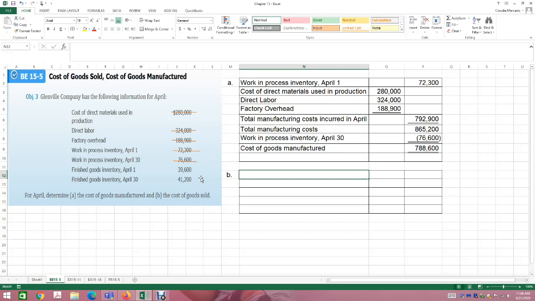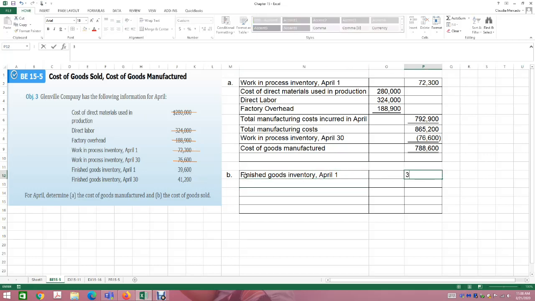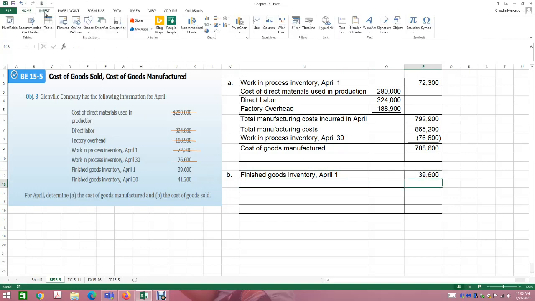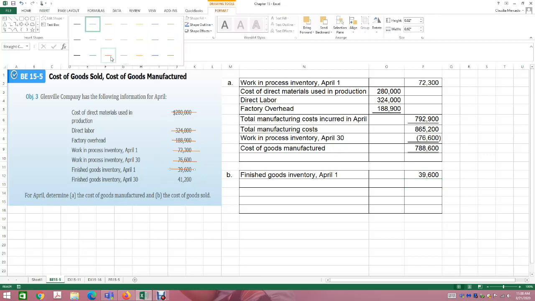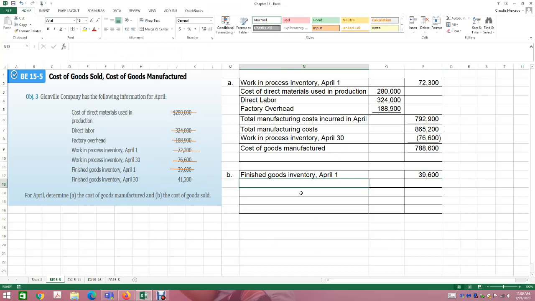So I'm going to start off with my finished goods inventory as of the beginning of the month, April the 1st, and we have $39,600. Let me mark that off. That is what we had from last month that was completed. It's being stored in our warehouse and it's ready to be sold.